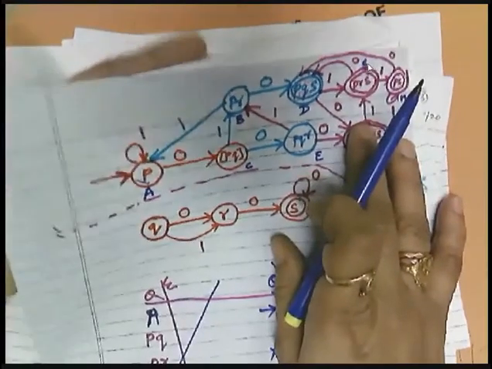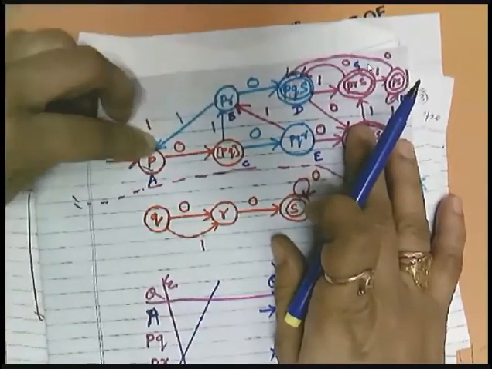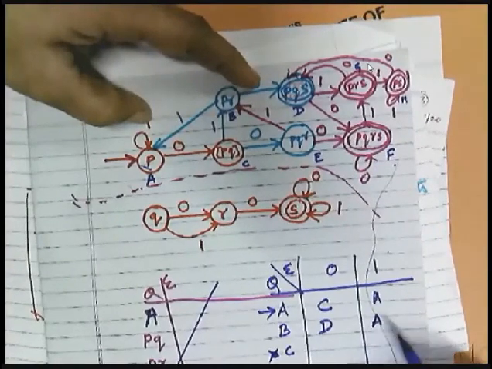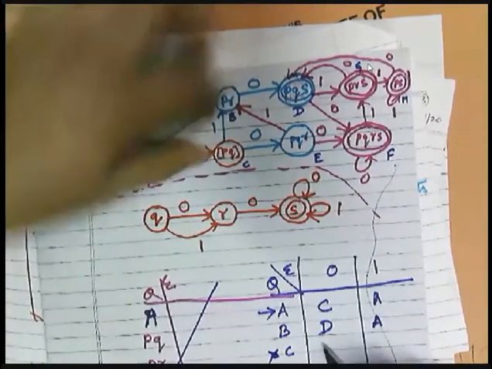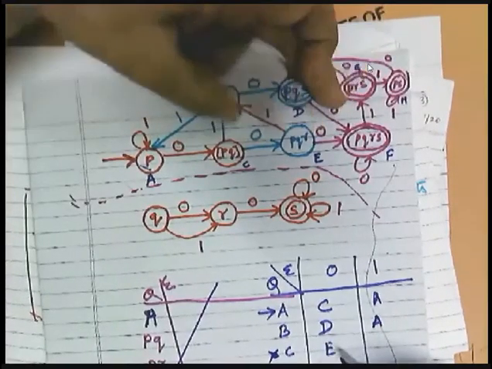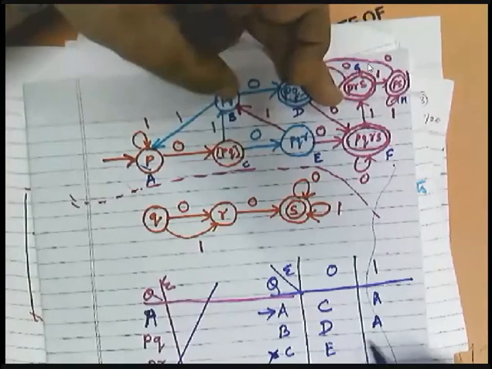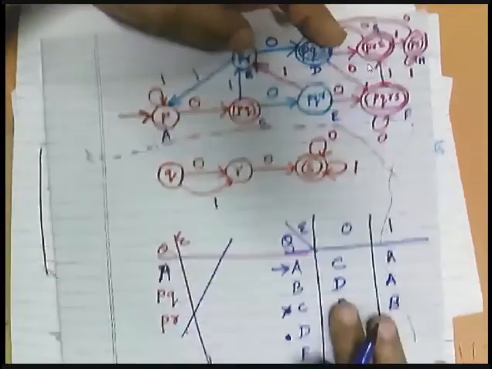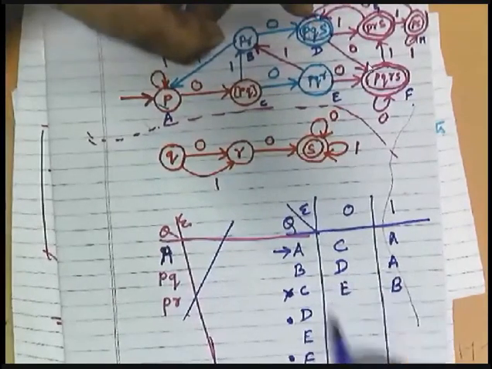So B on 1 is moving to A. Then there is a turn of C. C on 0 moves to E. C on 1 moves to B. So the turn of C is over.